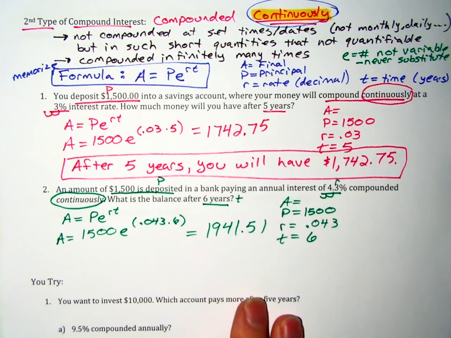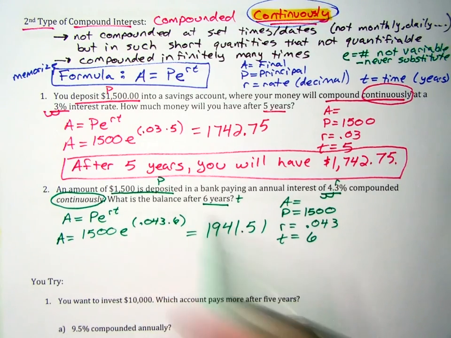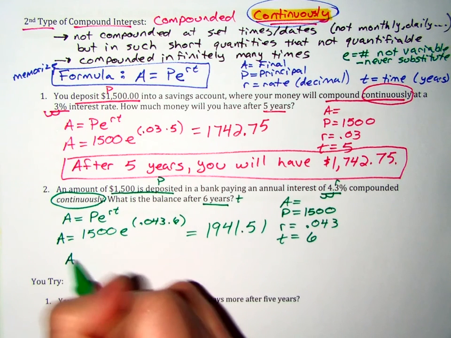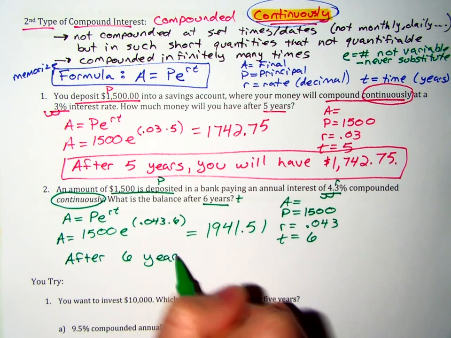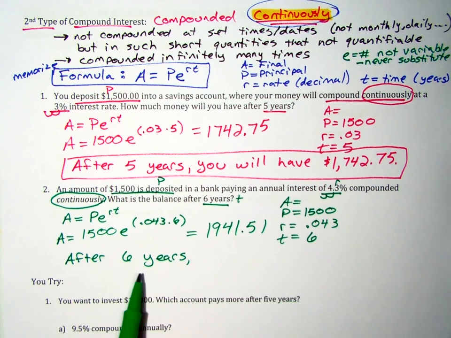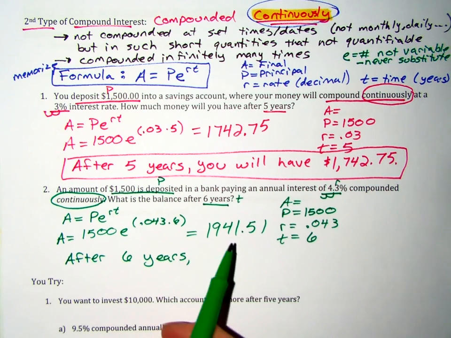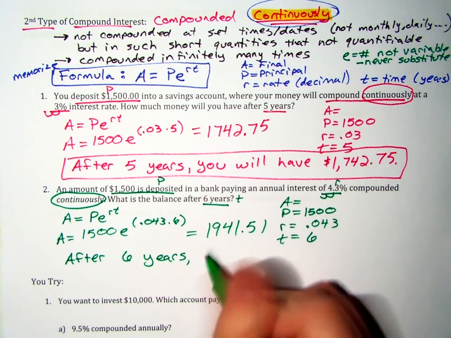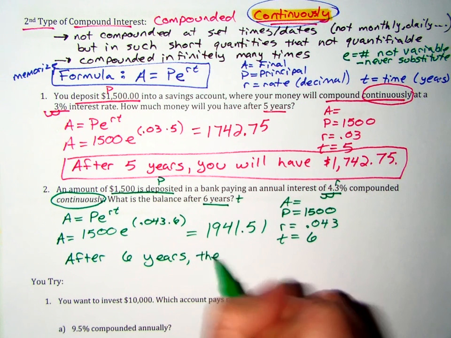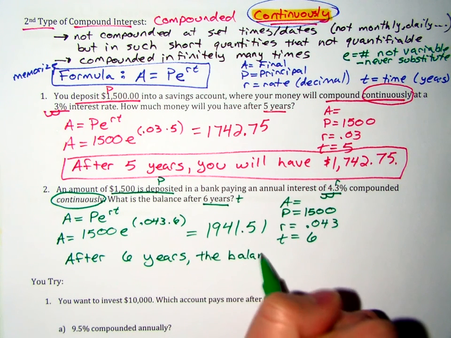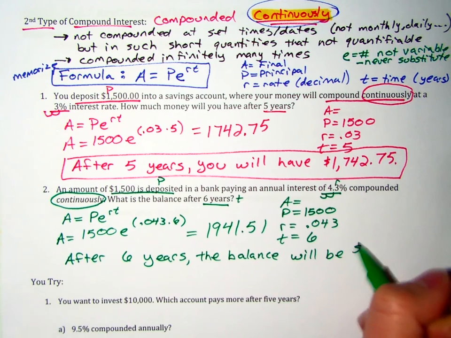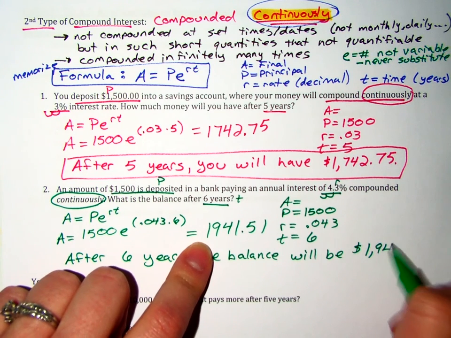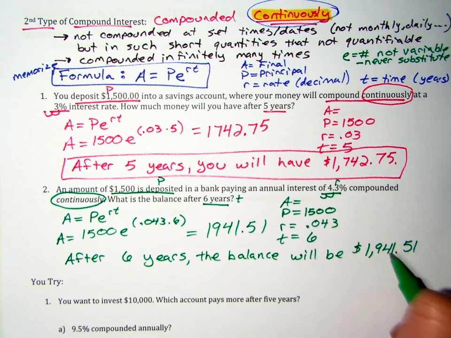And then I can go ahead and write my sentence. What is the balance after 6 years? So after 6 years, remember, it's very important that you write that, because if it were a different amount of time, this would be a different number. So after 6 years, the balance will be $1,941.51.